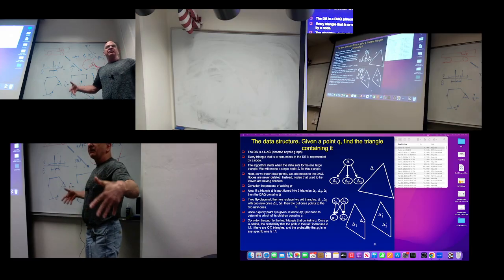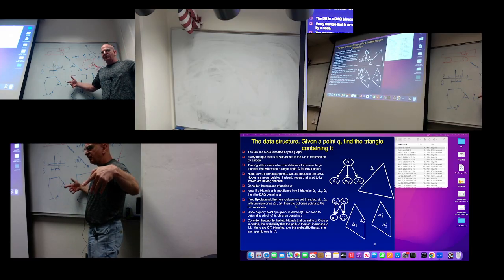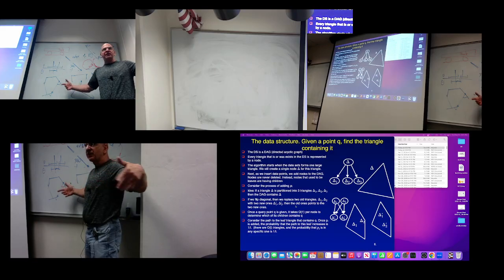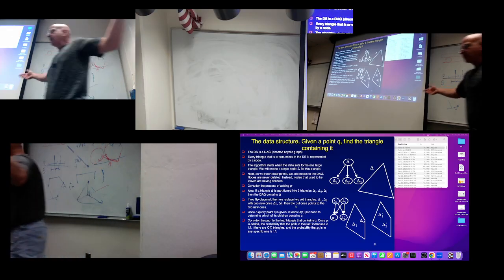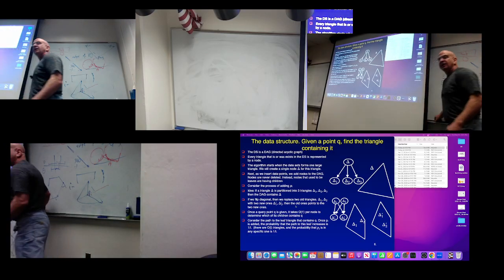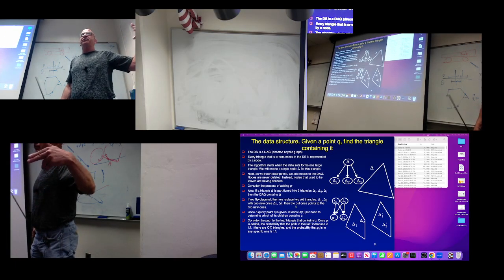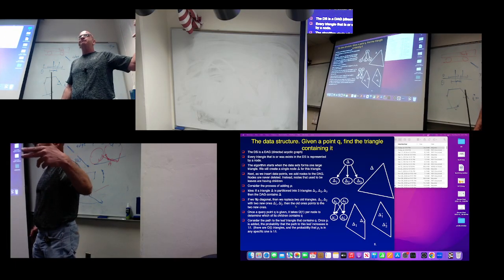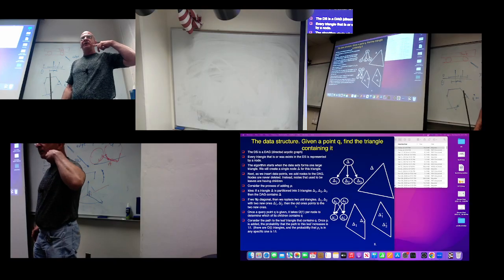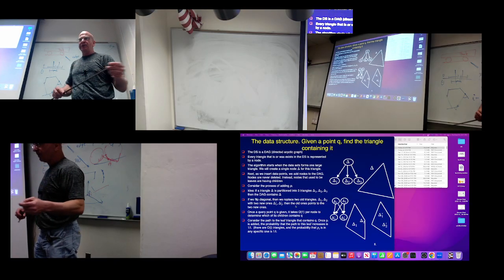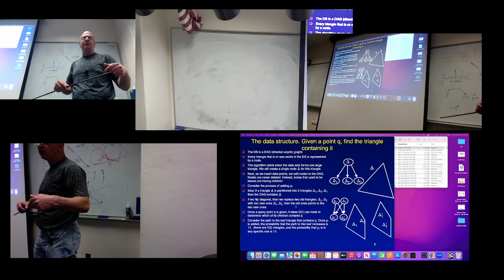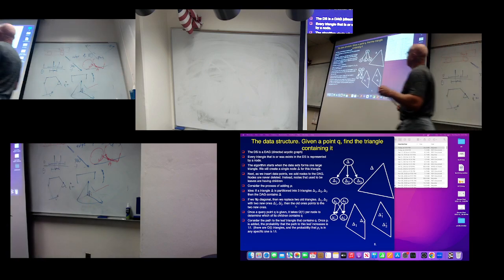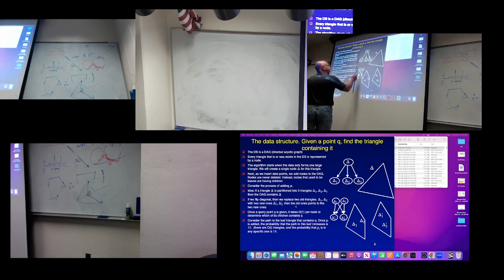And then eventually, once I'm done with the triangulation, I want to be able to use this triangulation for some application, a graphics application, ray tracing, or to do point location with this. The same triangulation, and I can use the same data structure, and it's a very good data structure.